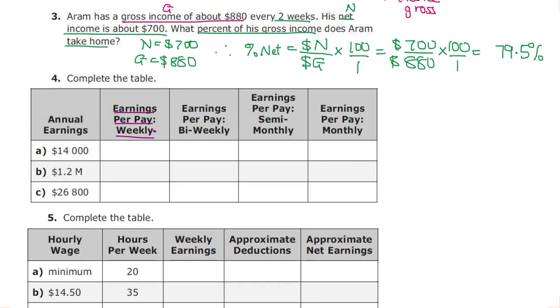Weekly means that we're going to divide the annual earnings, which is column 1, by 52, because we have 52 weeks in a year, which means you will get paid 52 times. Once you divide $14,000 by 52, you're going to get 269.23.